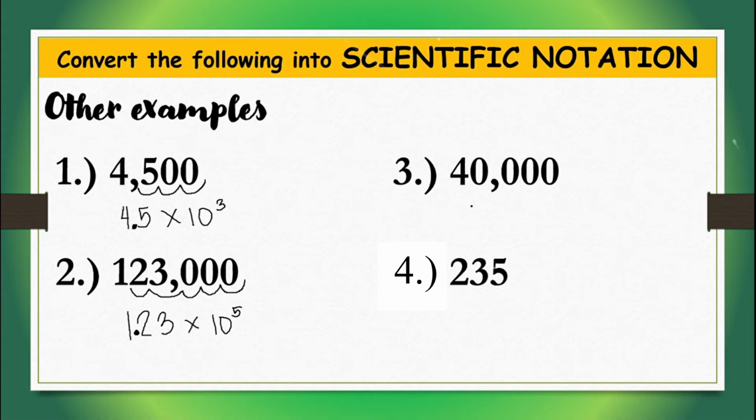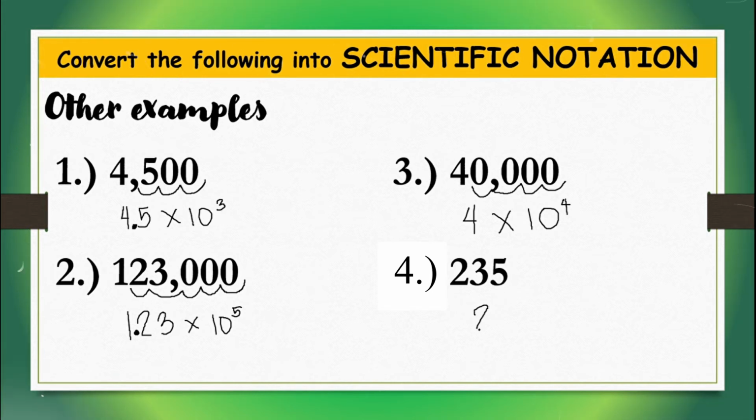Next, for number 3, 40,000. So we only have one significant digit times 10. So let us count the movement. 1, 2, 3, 4. So 4 times 10 to the 4th power. And for number 4, we have 235. And these digits are significant.